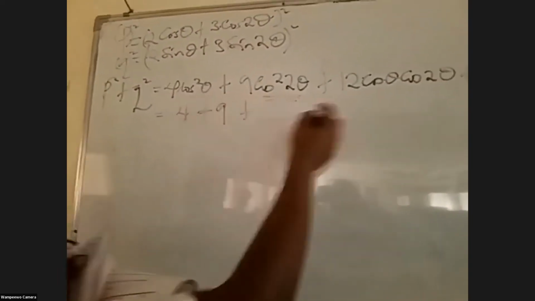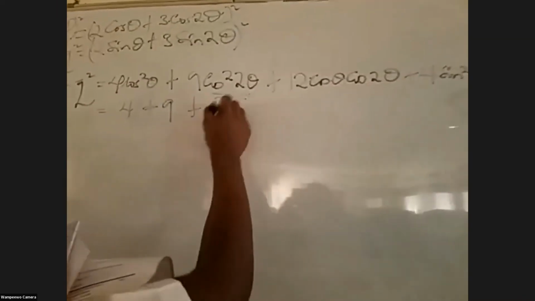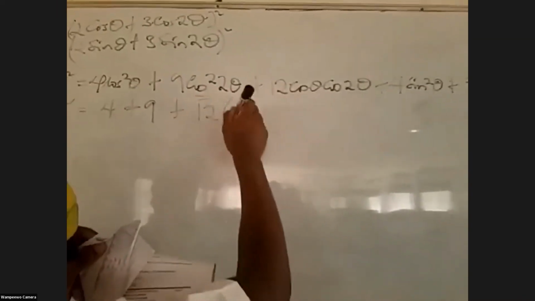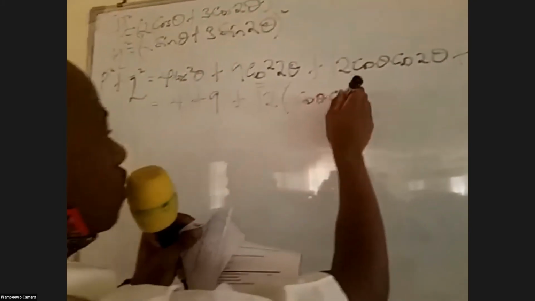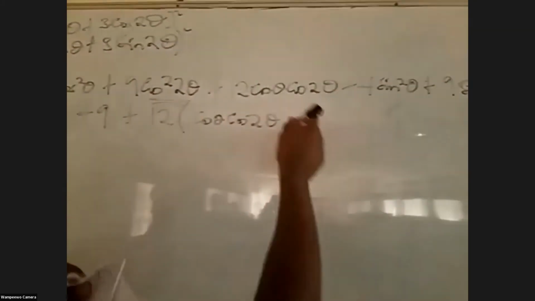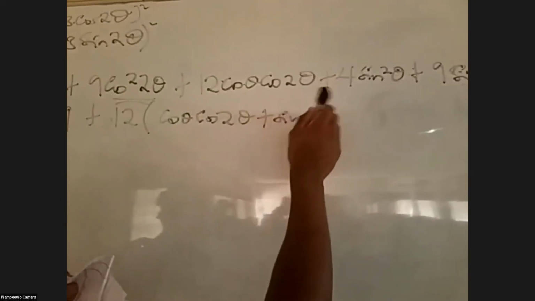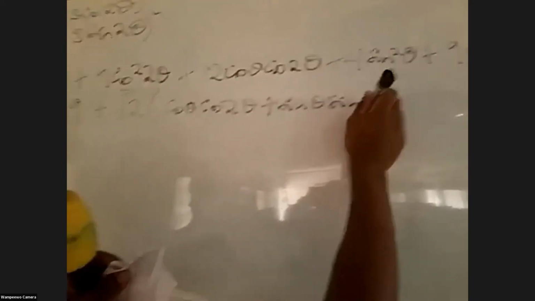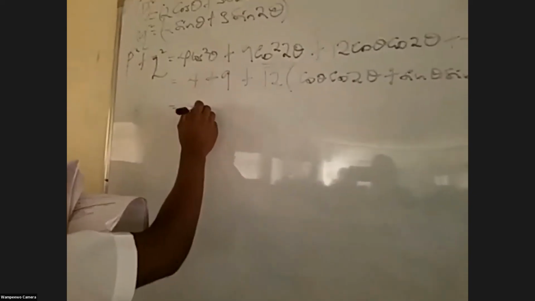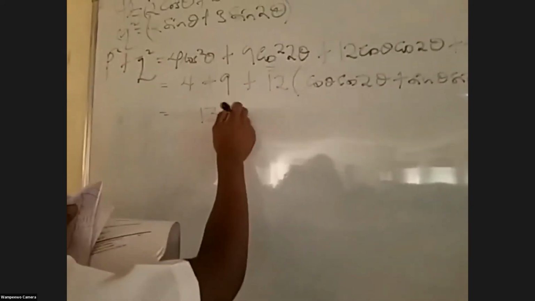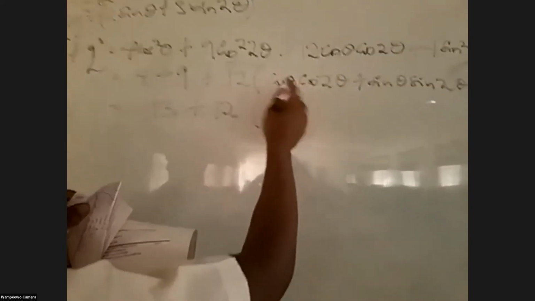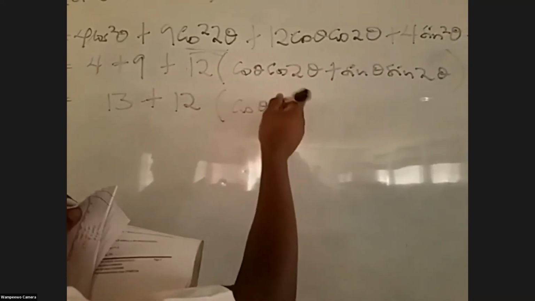Then plus, I can factorize out a 12 and I'll have cos theta cos 2 theta plus sine theta sine 2 theta. So this is the same as 13 plus 12 into cos theta.